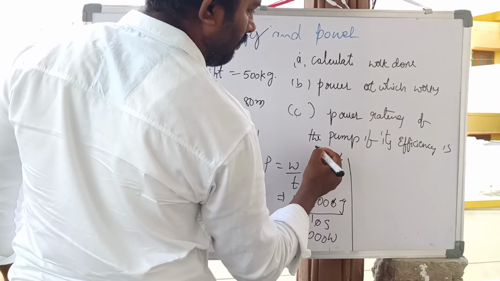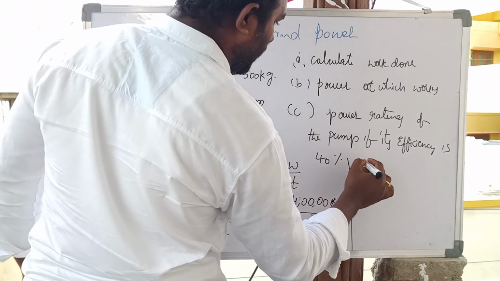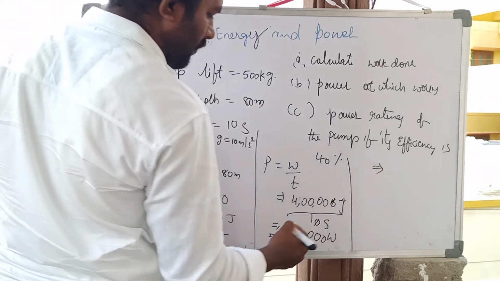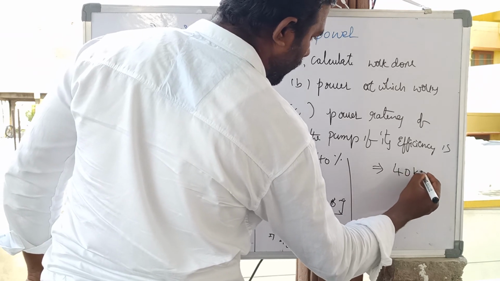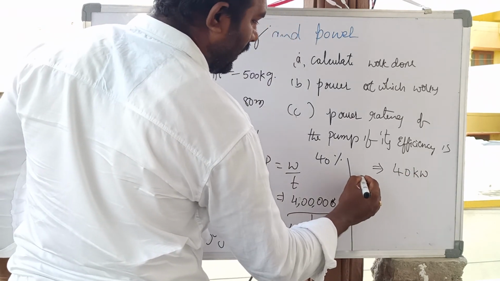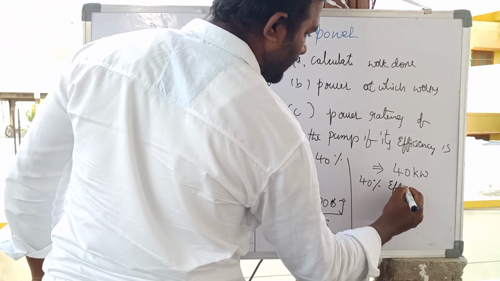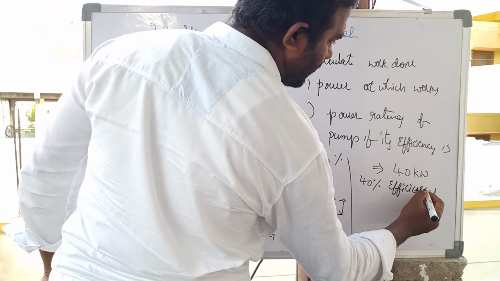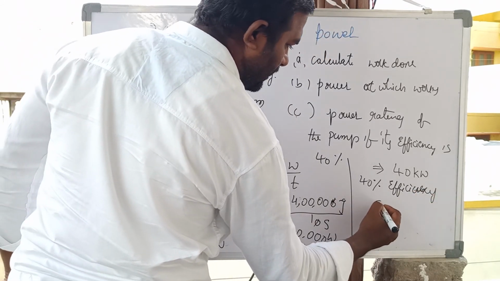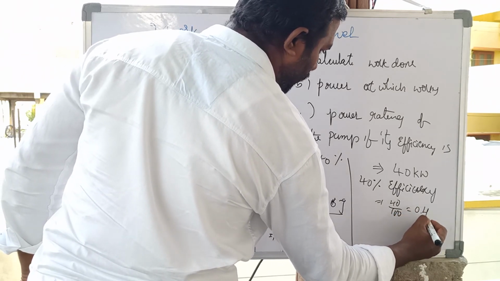Now the power rating of the pump, if its efficiency is 40%. Already we know the power we got is 40 kilowatts, and he is saying that only 40% efficiency is there. 40% efficiency is nothing but 40 by 100, which is 0.4.